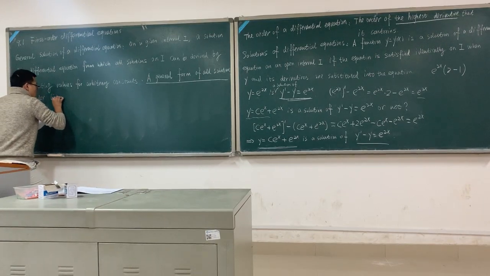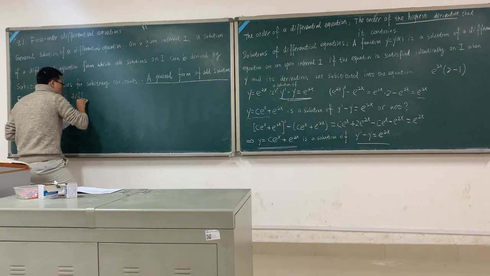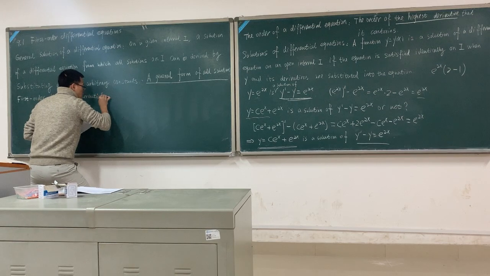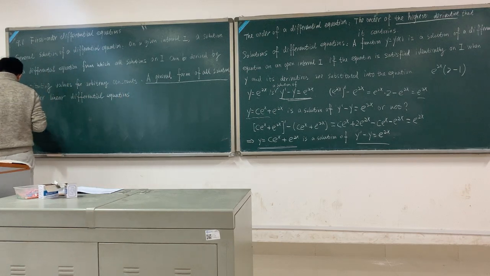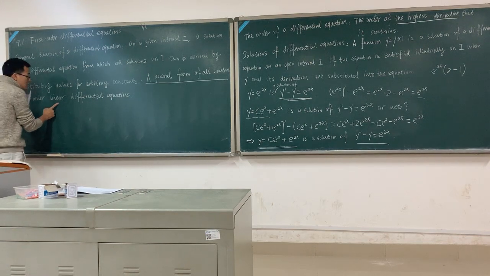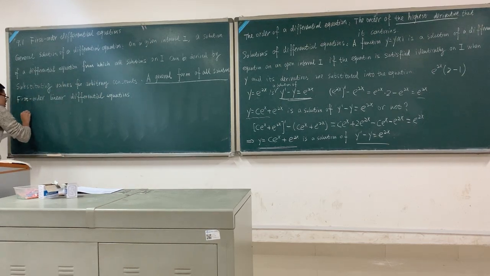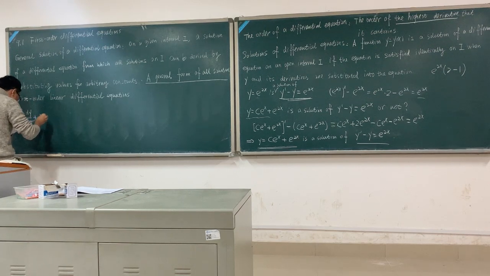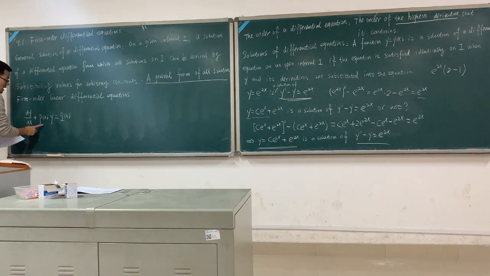The first order linear differential equation is in this form: dy/dx plus p(x)y equals q(x). Here p(x) and q(x) are continuous.